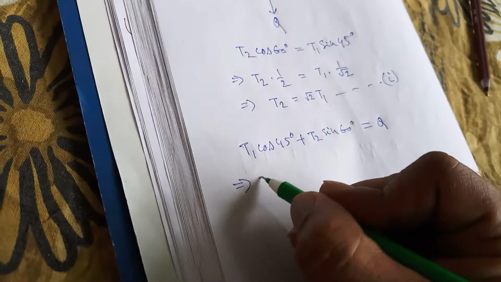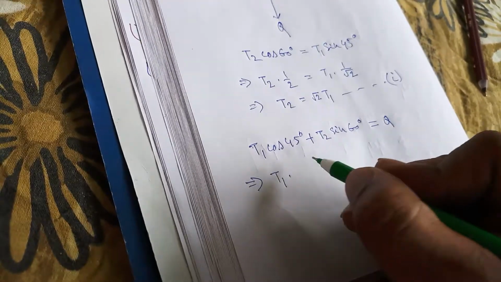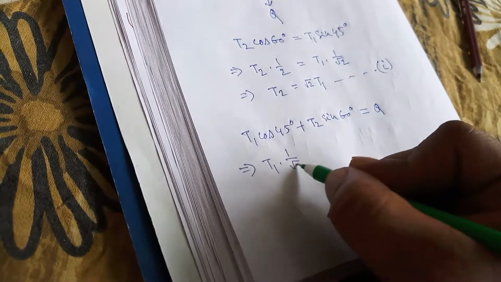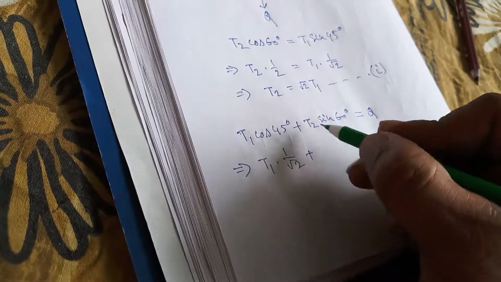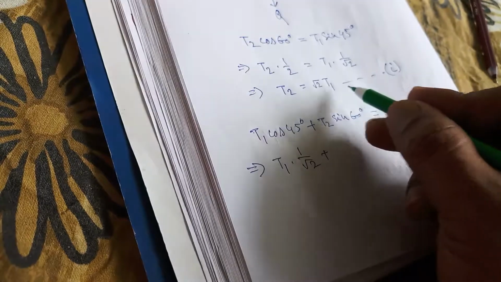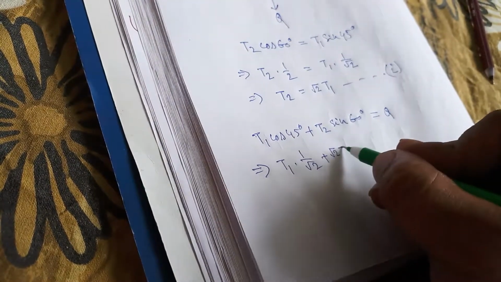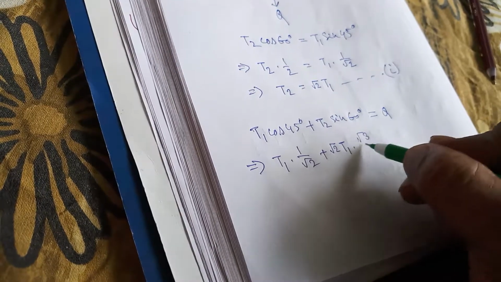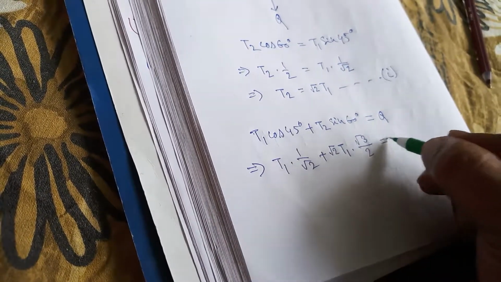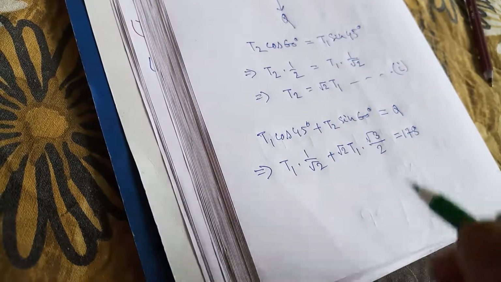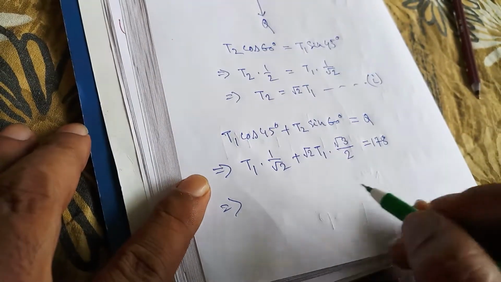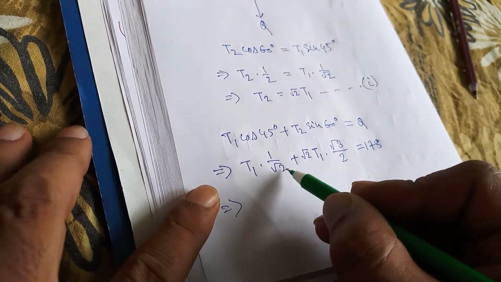So T1 into cos 45 degree, which means 1 by root 2, plus T2. T2 is root 2 into T1, and sin 60 means root 3 by 2. And Q is 178 Newton. Here root 2 is there.